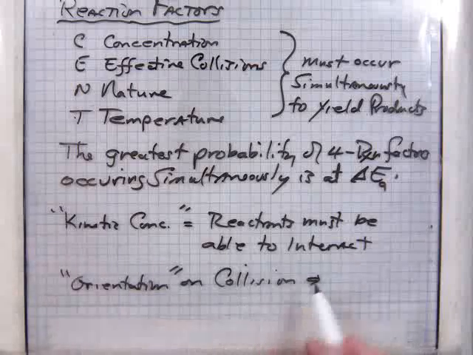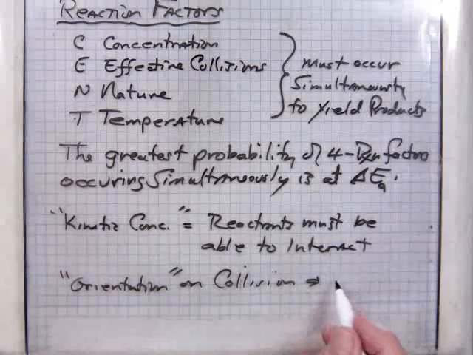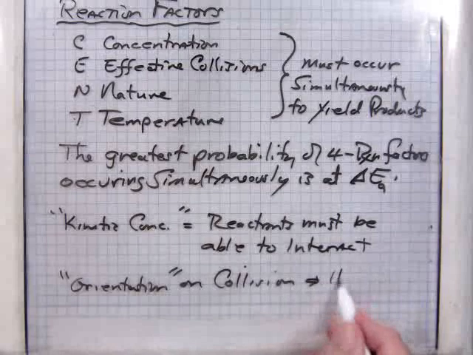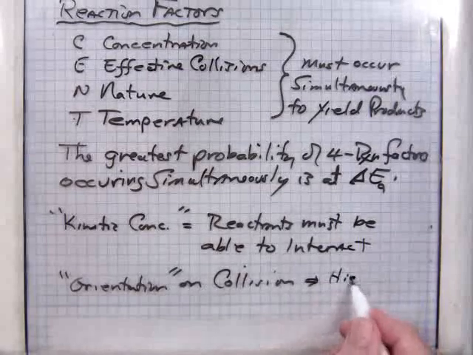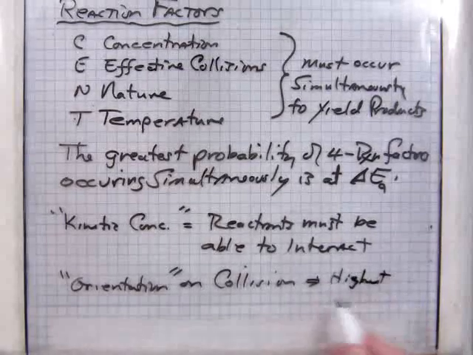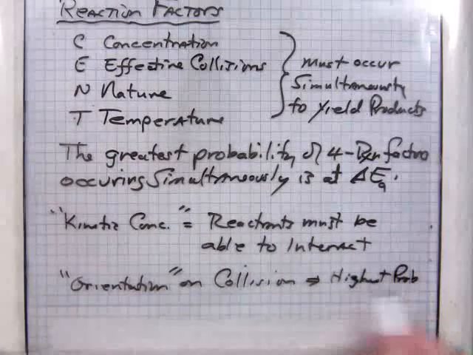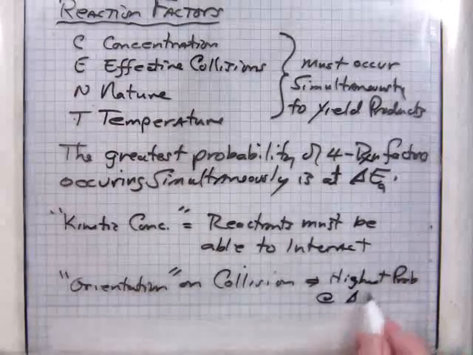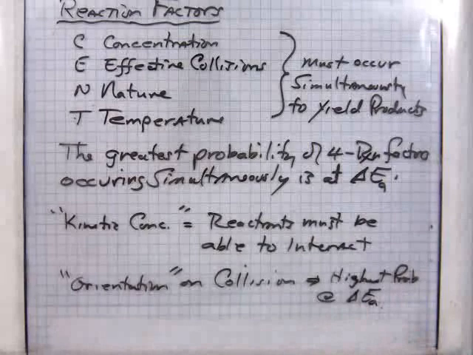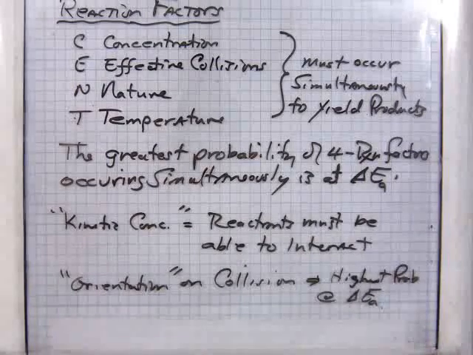So orientation and collision, highest probability at delta EA. So it's just a point at which the majority of the particle interactions are occurring, and this probably maxes out at the activation energy.